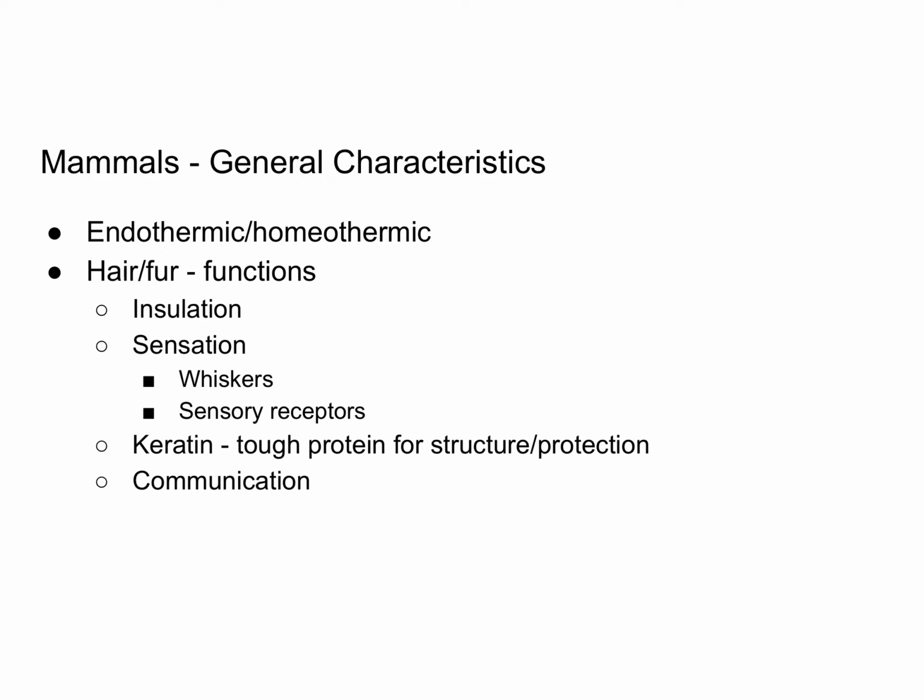I accidentally repeated that mammals are endothermic and homeothermic, so we talked about that on the previous slide. But let's talk a little bit more about the hair and fur that we mentioned. Hair and fur serves a few functions for mammals. It can be a source of insulation that helps to keep heat in the body.